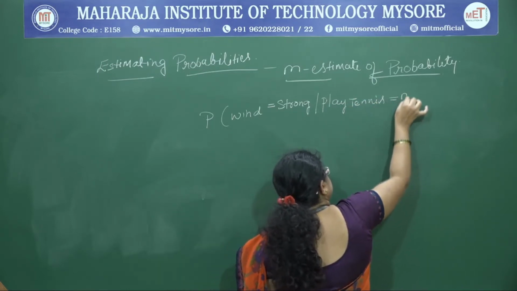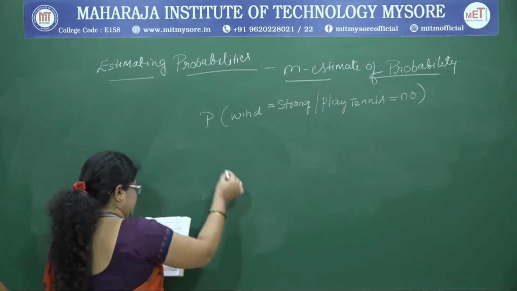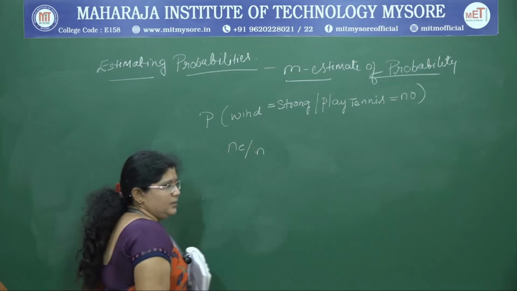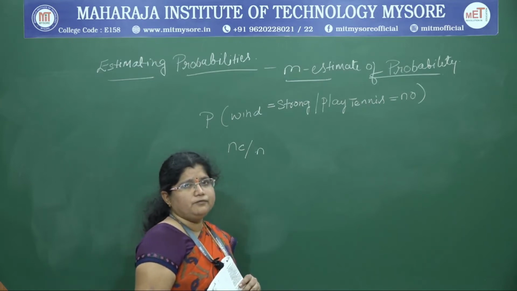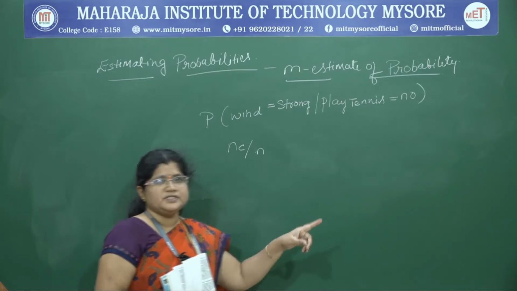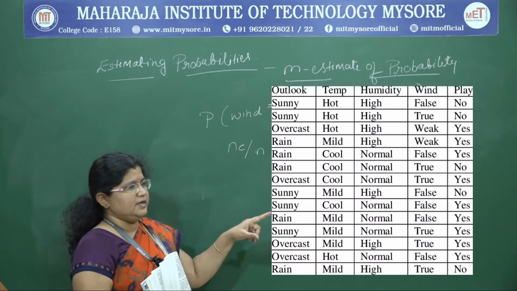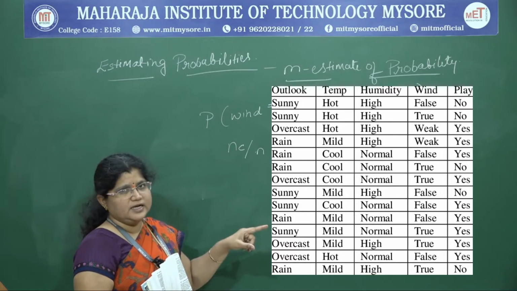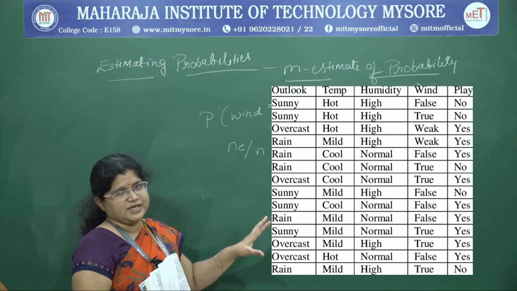for the given target concept play tennis equal to no. Here, the fraction is going to be NC divided by N, where N is the total number of no present in the given table. When you look at this table, in this data set the occurrence of no is 5 times.